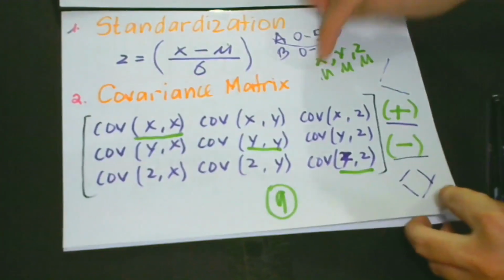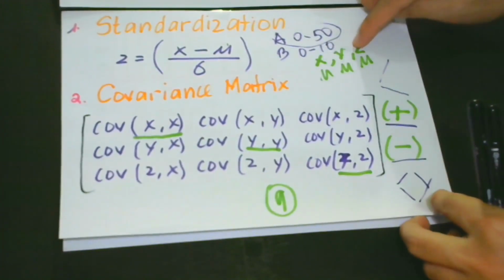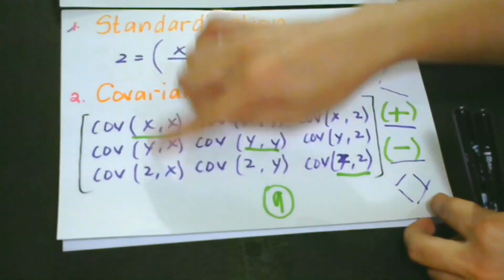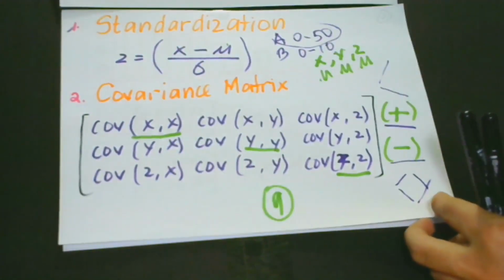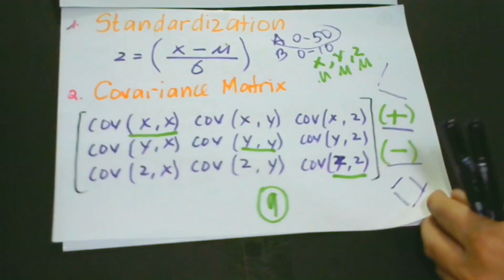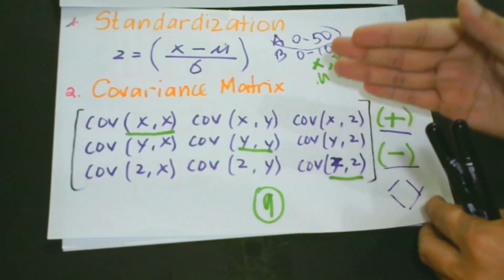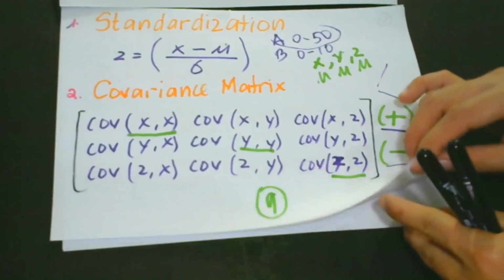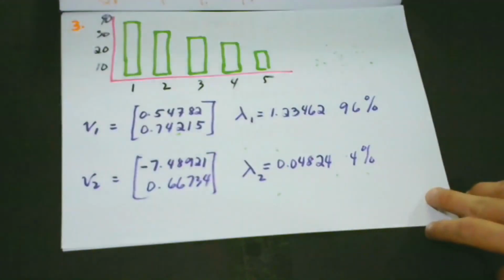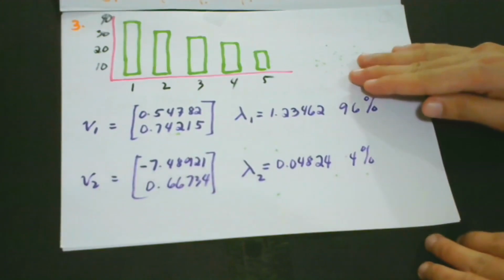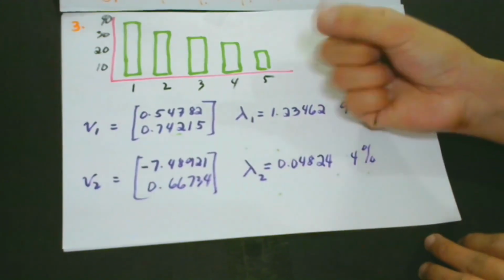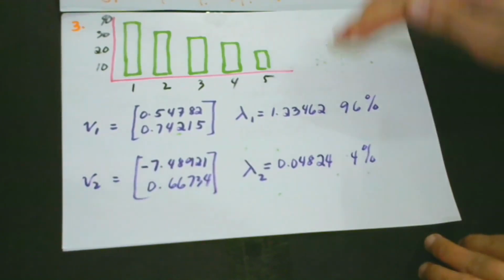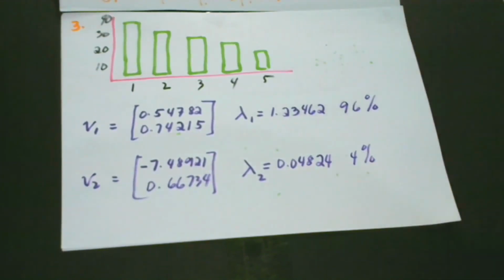So let's go back first. Remember we have x, y, z. These are our initial variables. Then we make combinations, so now they become the principal components, which are linear combinations of the initial variables. So basically, what we do here is we compress the information we found in the initial variables into the first components.